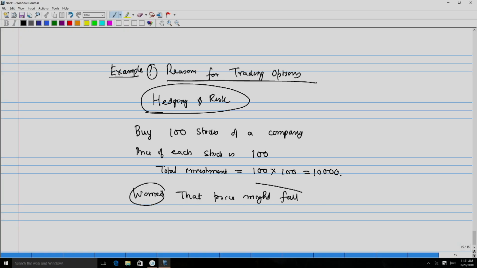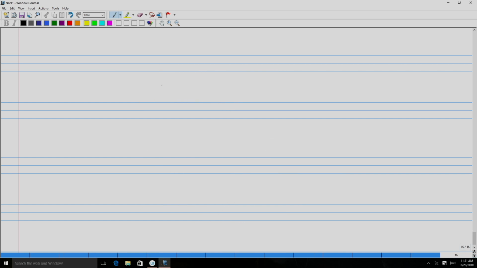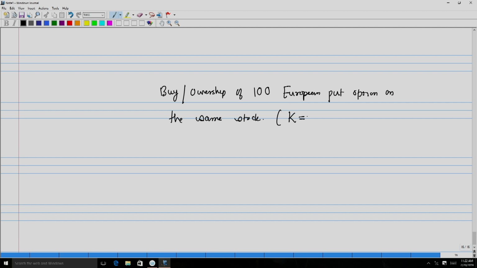So, in order to take care of this genuine concern that the prices of the stock might fall and that you might end up incurring losses, what we do is the following: we buy, or take ownership of, 100 European put options on the same stock, with strike K equal to 100.